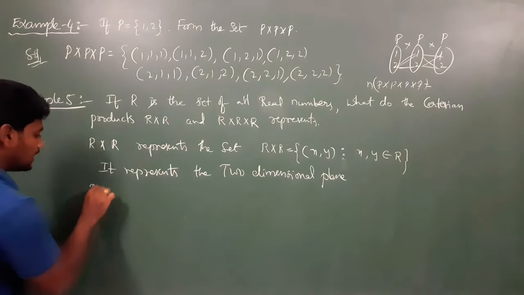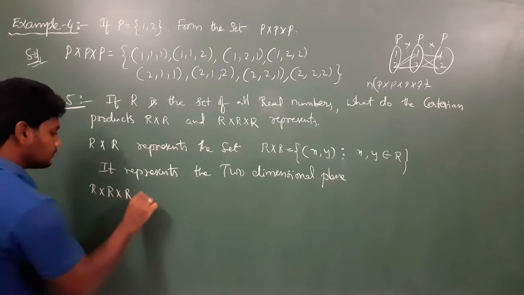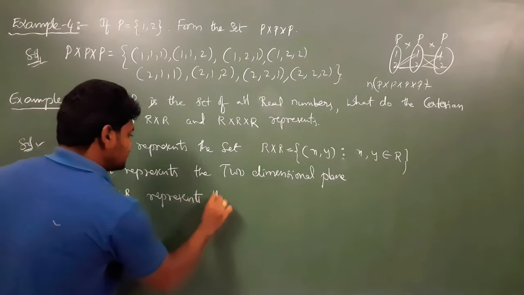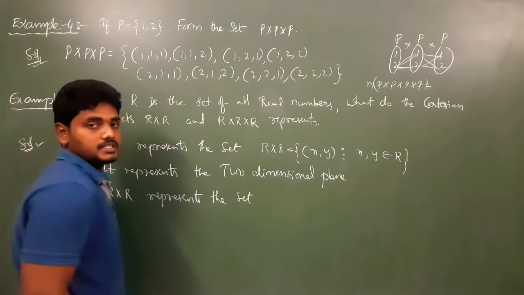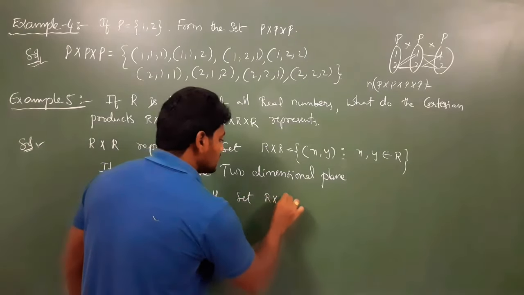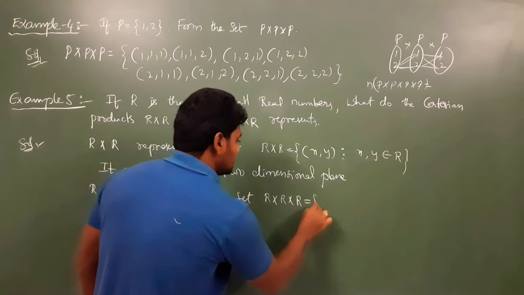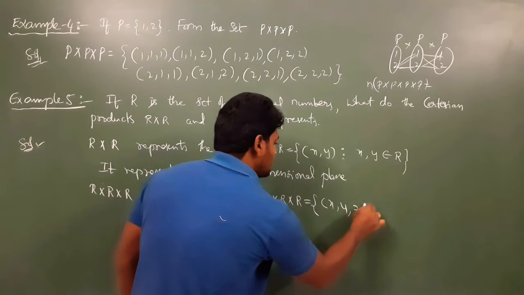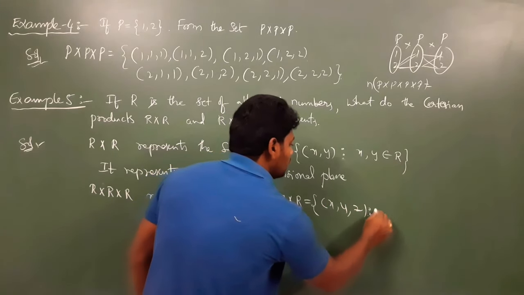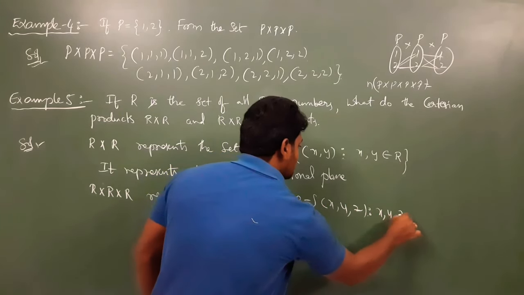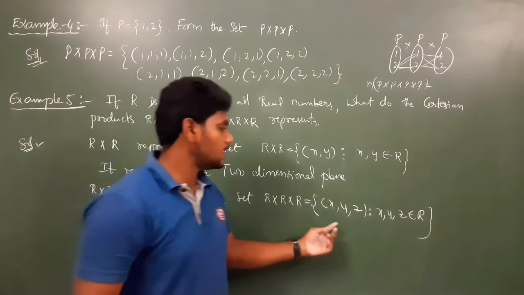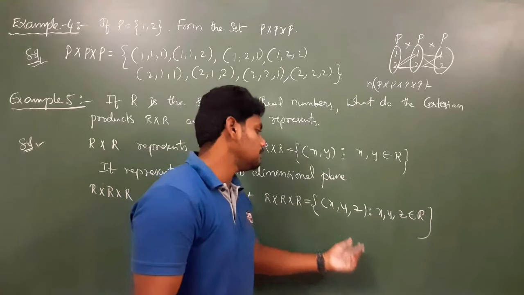Next, when it comes to R cross R cross R, it represents this set. R cross R cross R is equal to the set of ordered triplets (x, y, z) for all x, y, z belonging to R. Here you can use x, y, z or a, b, c.